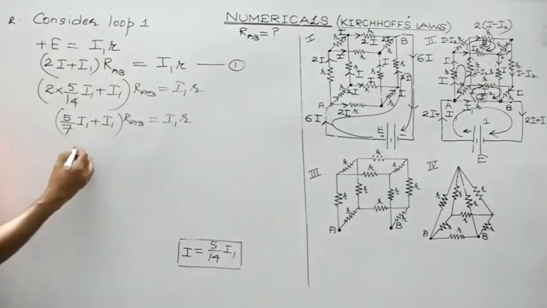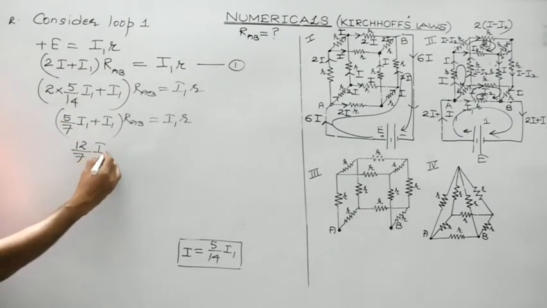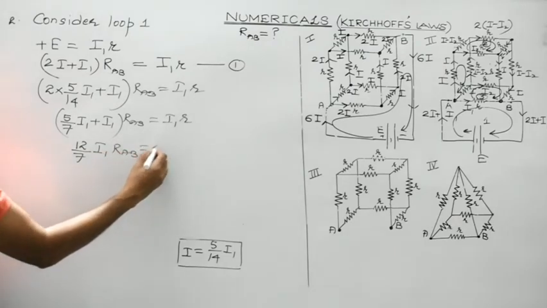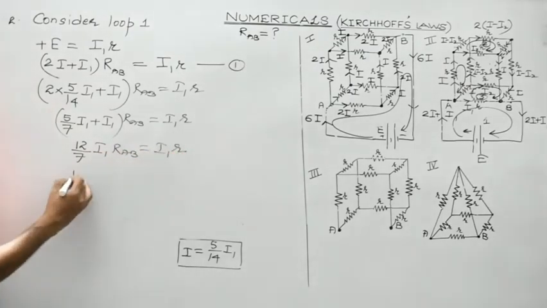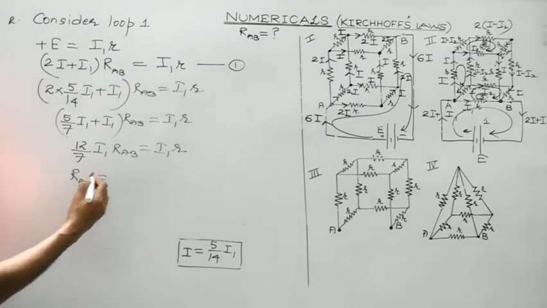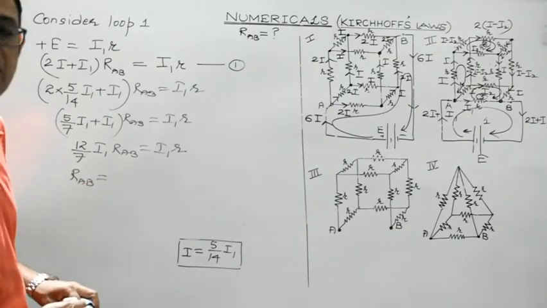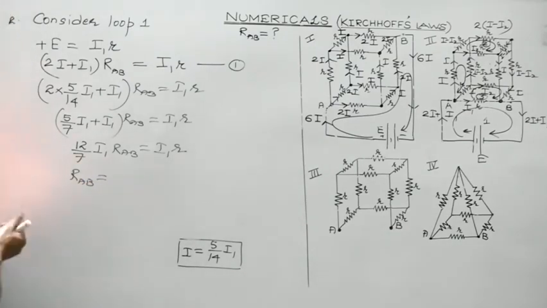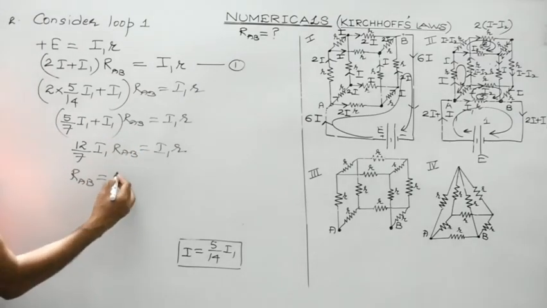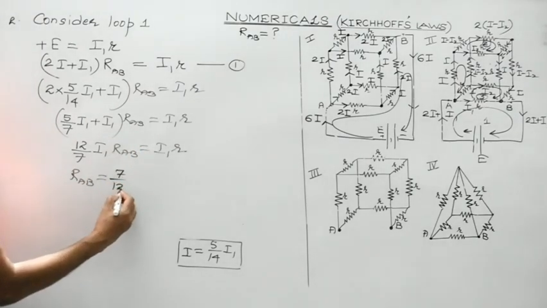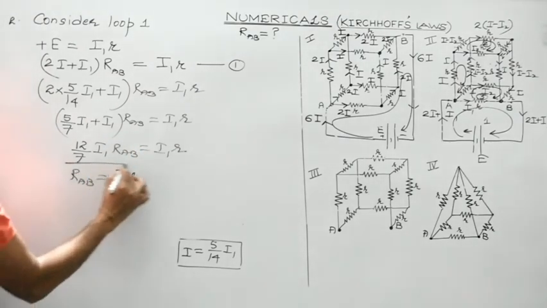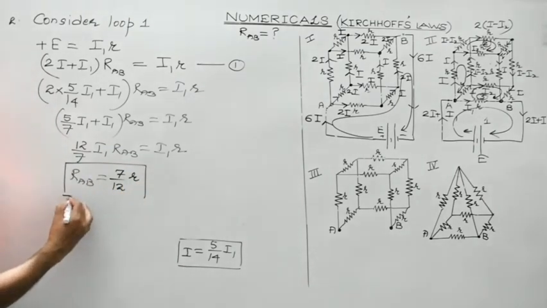So that will give you 7 plus 5, 12 by 7 I1 RAB is equal to I1R. So the net effective resistance between the 2 points across any side of the cube, I1 gets cancelled, will be 7 by 12 R. So this is the answer, students.